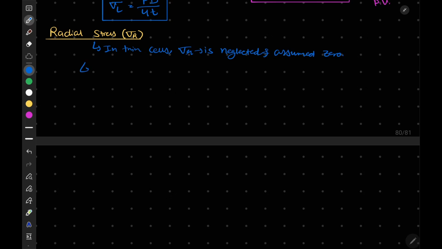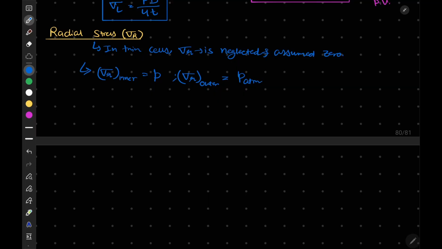However, if we talk about sigma R value at the inner surface, it is equal to the pressure of the fluid. And sigma R at the outer surface is equal to P atmosphere or P surrounding.